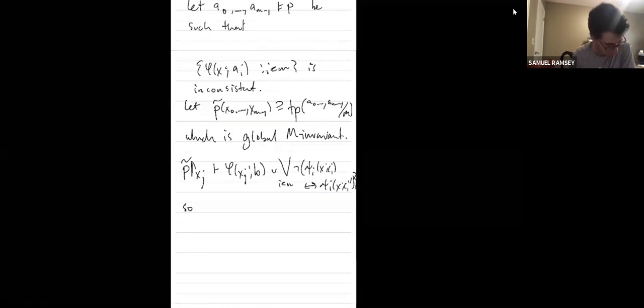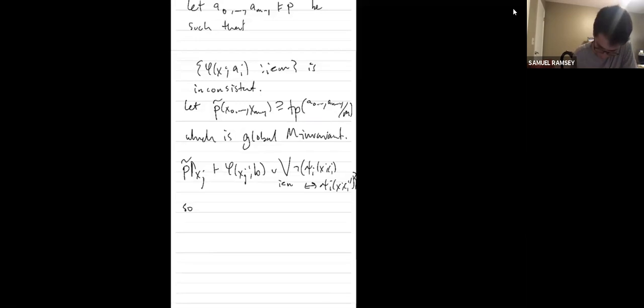So by our assumption, it follows that p tilde restricted to xj implies phi xj b by the Broom Lemma. Sorry, the vacuum cleaner lemma.